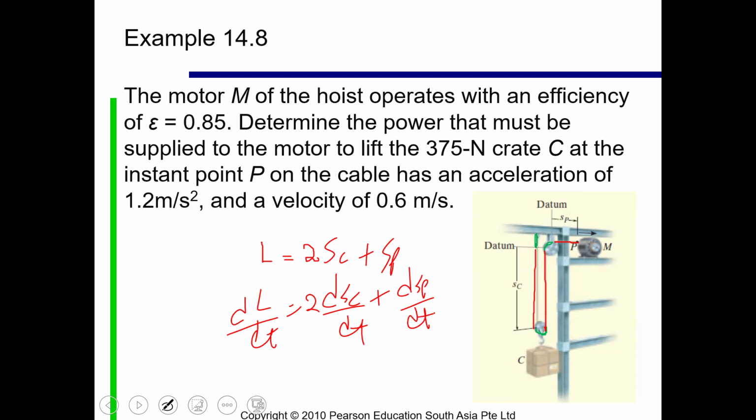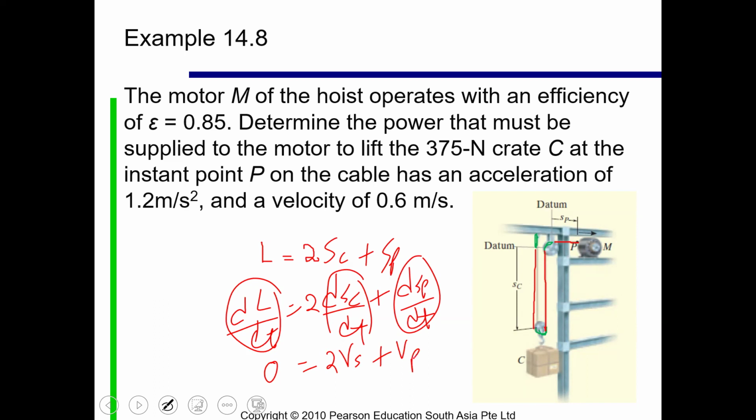Does the total length change with respect to time? When I take the derivative, is there any rate of change involved on the total length? The total length is a constant value, so it will remain 0. However, the distance SC can change, and the distance SP can change. So generally, this is 2 times velocity at C plus velocity at P.